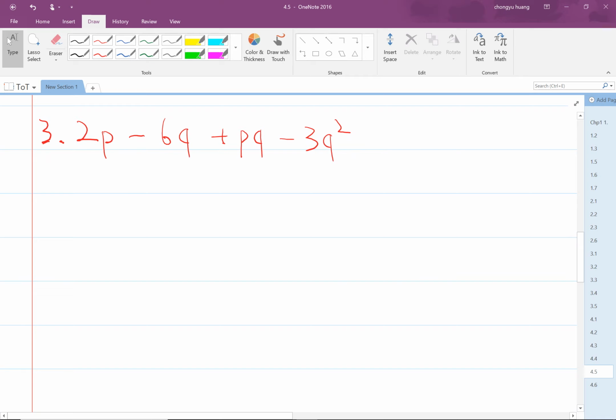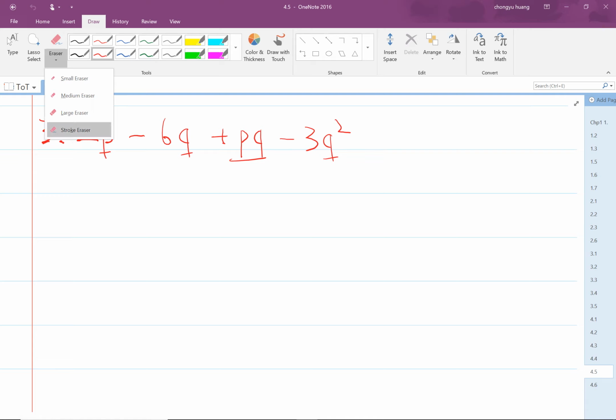In this question there's actually nothing we can factor out. We have a p over here, a q, a pq, and a q squared. There's nothing in common among all those terms, so we don't have a greatest common factor.